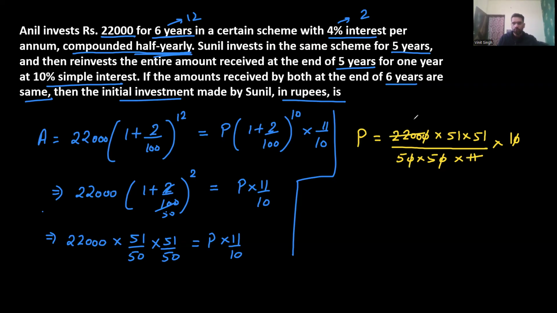Here is 11, 200, 5, 40, 5 is 8. 51 into 51 is 2601, and 2601 times 8 gives 20,808, sorry.